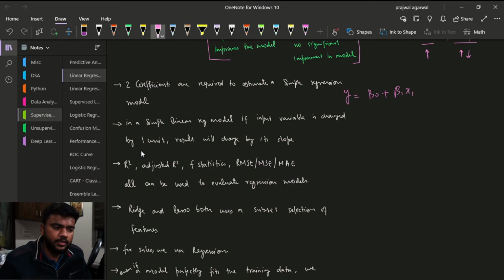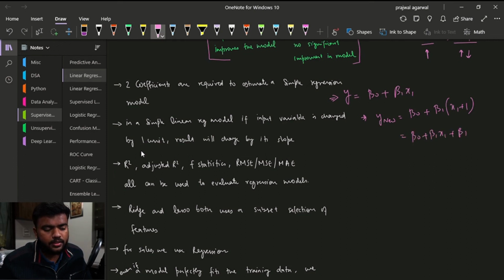All right, so we will take this particular linear regression model, this linear equation. Then what we are doing is we are adding 1 to this input variable. So the new target variable will be equal to b naught plus b1 times (x1 plus 1). All right, we are just increasing this by 1 unit. If we do simple mathematics, we have b1 x1 plus b1, and this is very clearly equal to the old value.